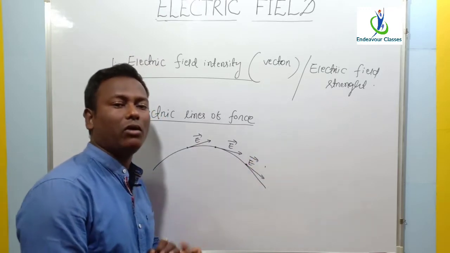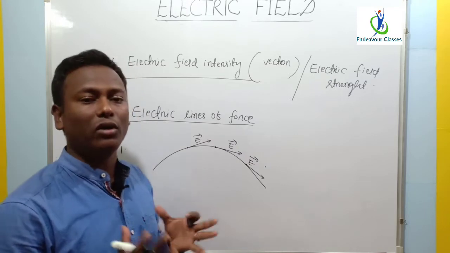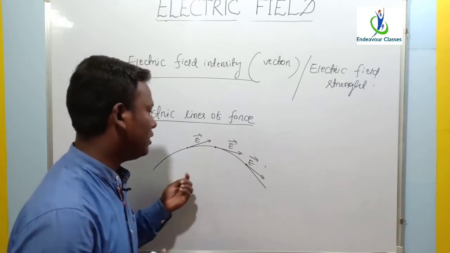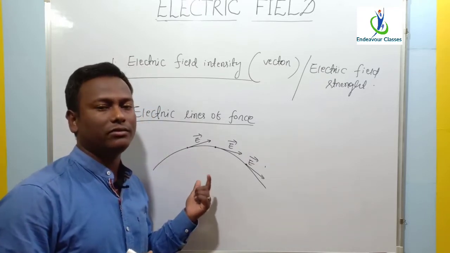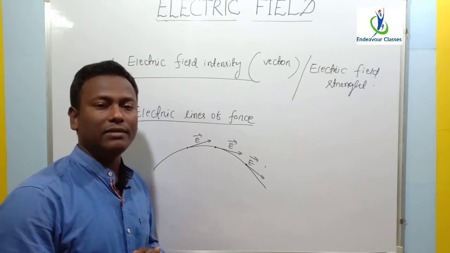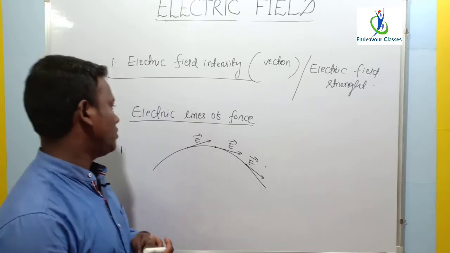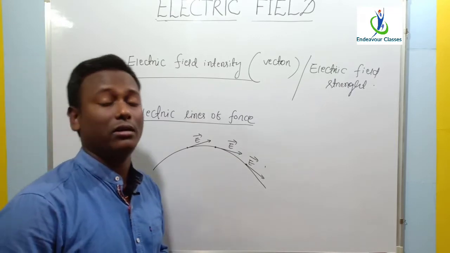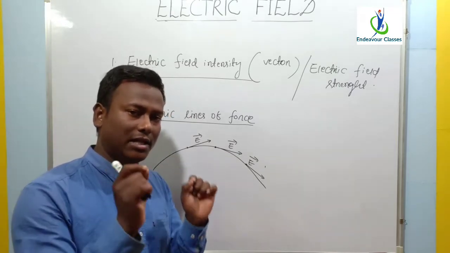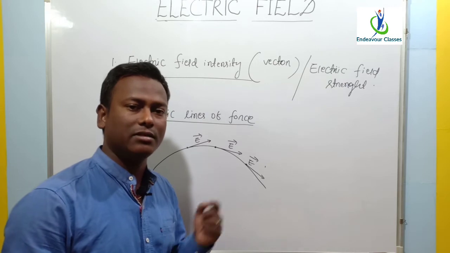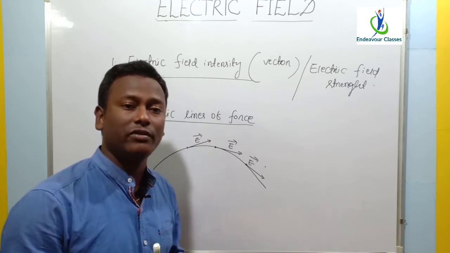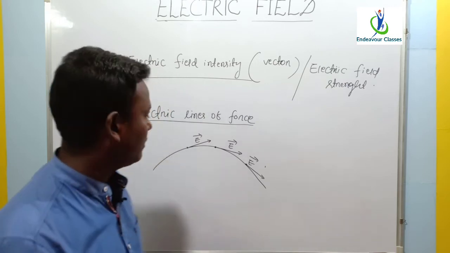So any imaginary line can be called a line of force only if a tangent drawn to it at any point gives the direction of electric field intensity at that point. So electric lines of force are either straight or curved lines such that a tangent drawn at any point to the lines of force represents the direction of electric field at that point.